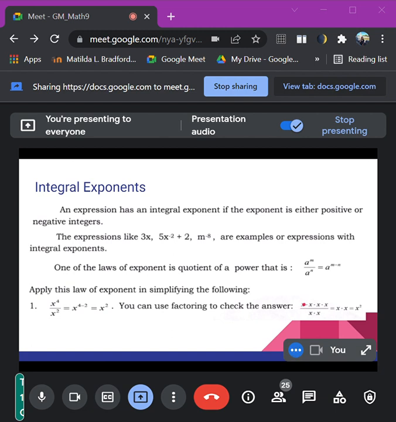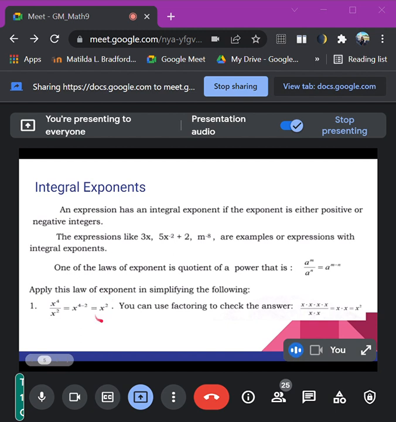If you cancel, what remains is x times x, which is x raised to 2. So it is the same method, but it is much easier to apply the laws of exponent. With factoring, if the number is large, like raised to 100, you would have to write 100 x's. Okay? So that is the first application.